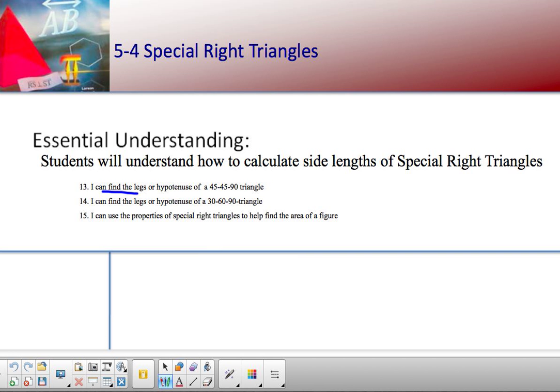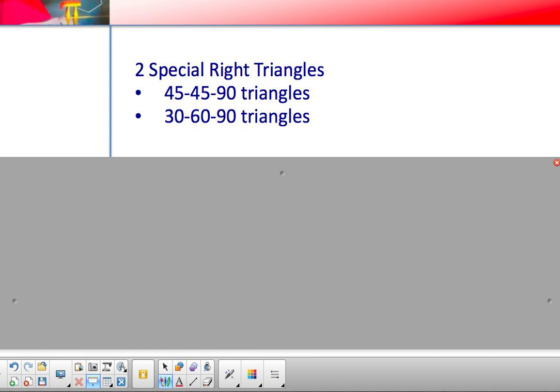The 3 success criteria we have for this section are to be able to find the legs or the hypotenuse of a 45-45-90 triangle, to be able to find the legs or the hypotenuse of a 30-60-90 triangle, and then to use those properties of those particular special right triangles to help us find the area or maybe even the perimeter of a figure. So let's begin.